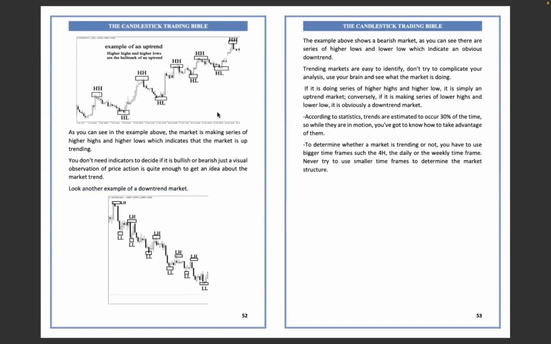So let's go into the uptrend. With an uptrend, the market is creating higher highs and higher lows. So what is a higher high? A higher high is a high that's higher than the previous high, basically. When you look at this particular structure here, what you can see is the market was trending up. It came down here, went up, came down, went up, came down.